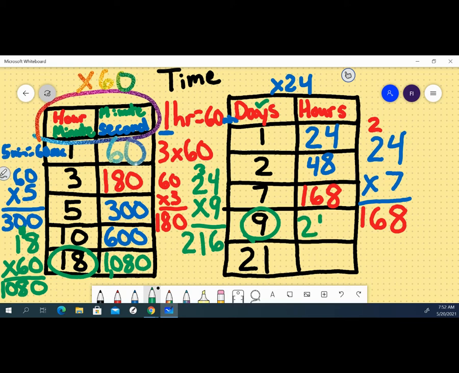That's 216. I know I talked about this yesterday. You can also see there's my 8 plus 8 is 16. 1 plus 4 is 5, plus 6 is 11. And 1 and 1 is 2. And the same way, 2 days plus 7 days equals 9 days.